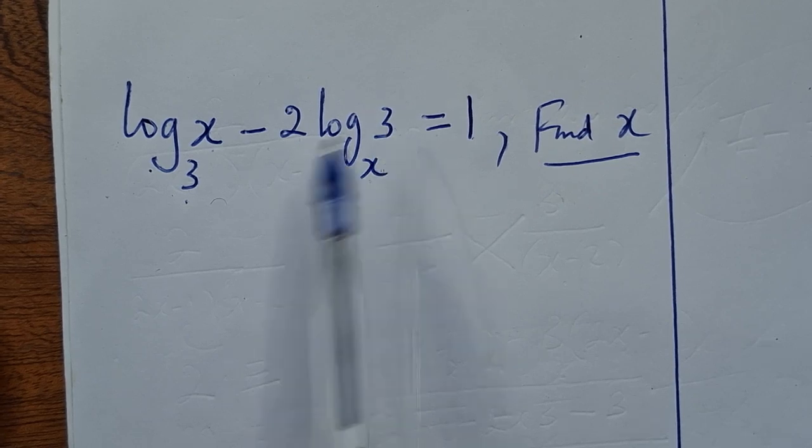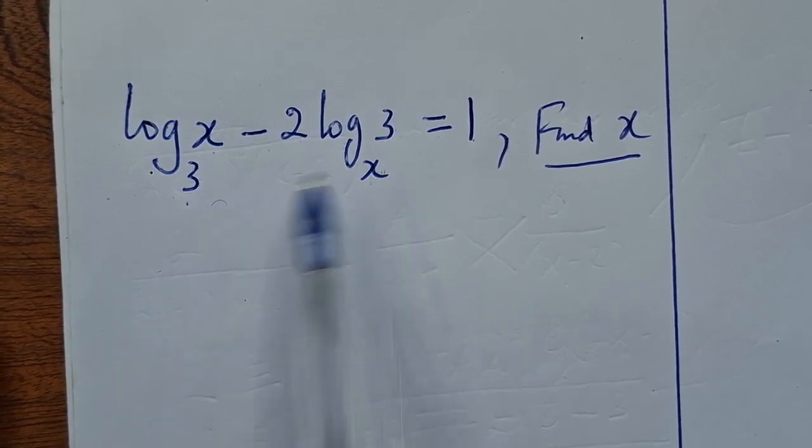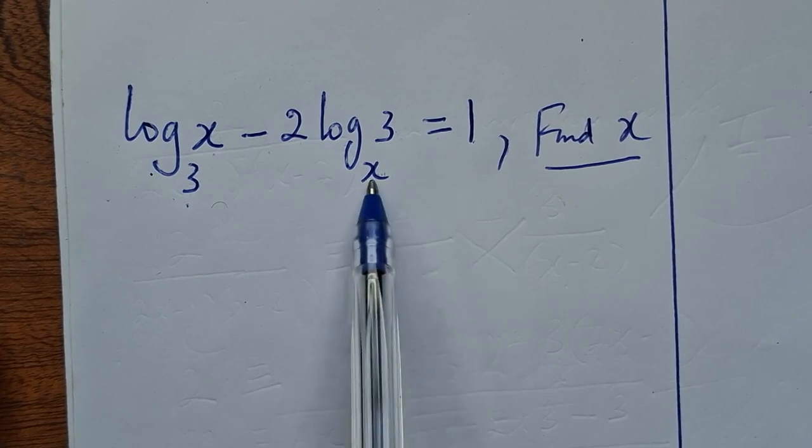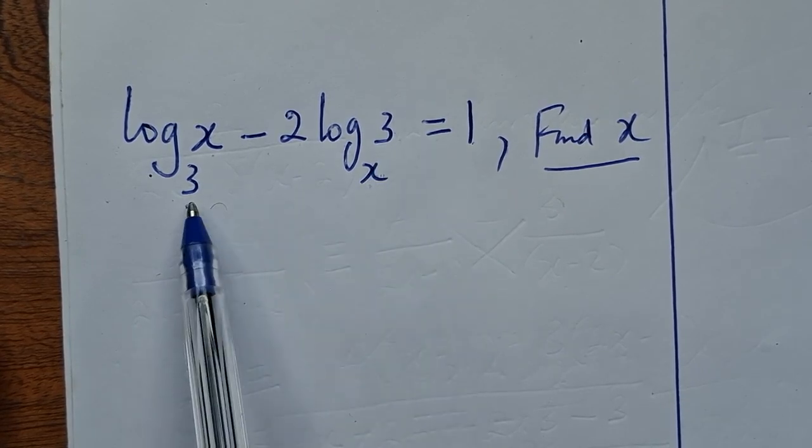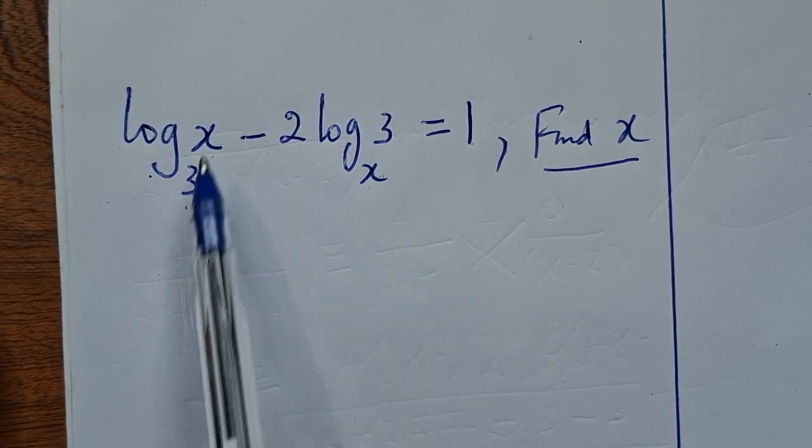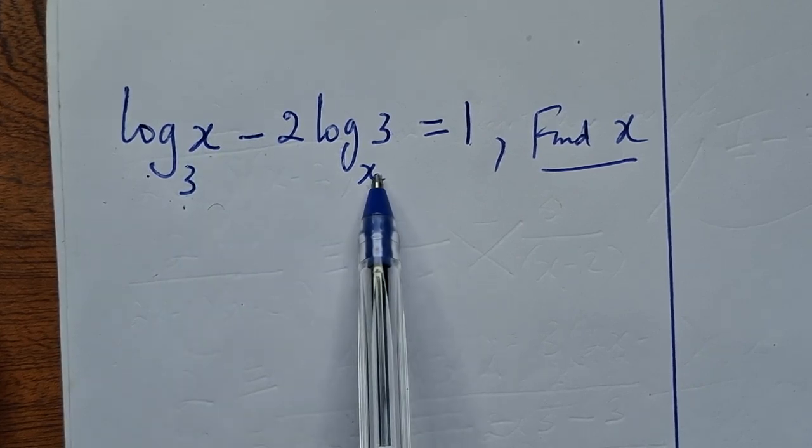In other words, to solve this easily, we must make sure that this particular expression is the same as this. We have to make this side also log base 3 of x.